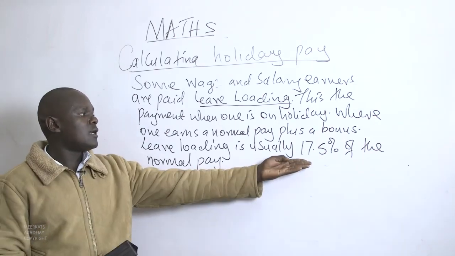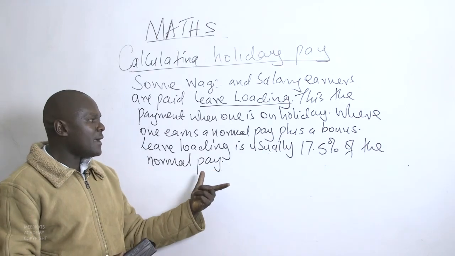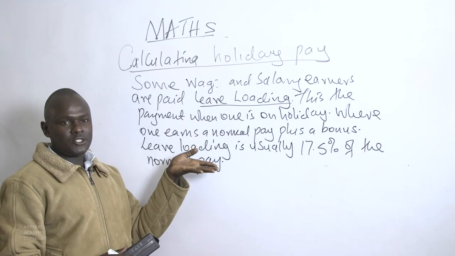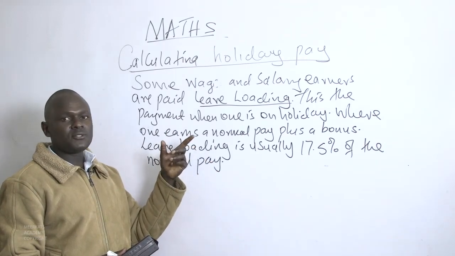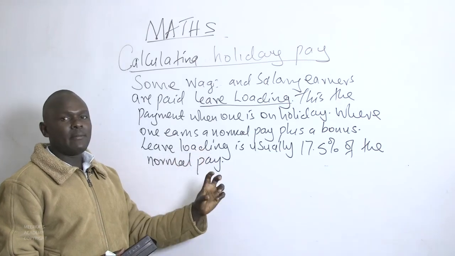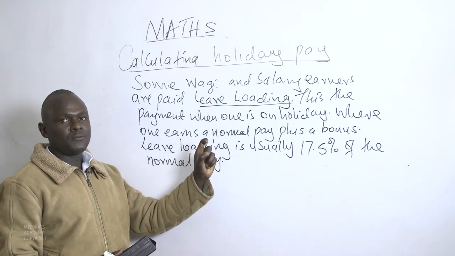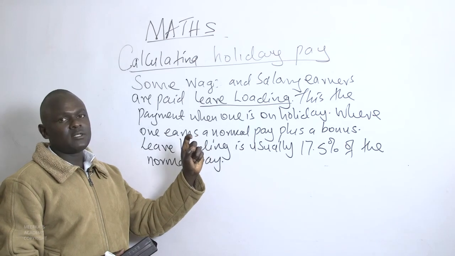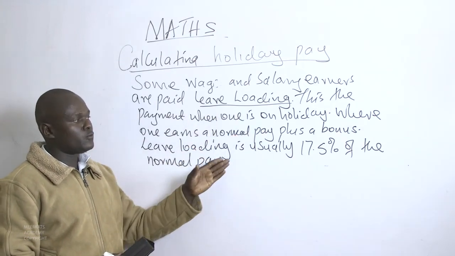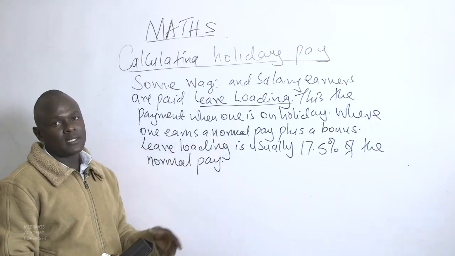So this is what is added on the normal pay. We are increasing the normal pay by a certain percentage. And remember, in our previous lessons, we have already looked at how we can increase a given amount by a given percentage. You need to revisit that particular concept so that it will help us to solve questions arising from this particular subtopic.